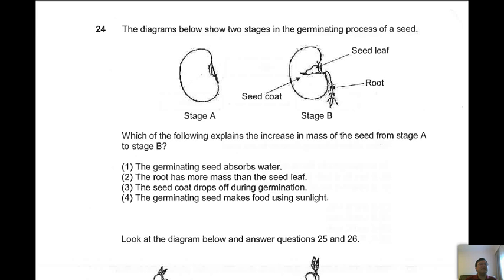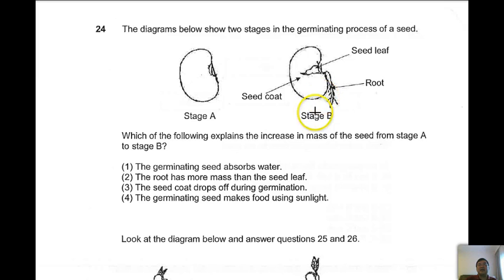Okay, let's think of it. What has gone into the seed to make it heavier? The germinating seed absorbs water, very likely because of water that has increased the mass of this seedling.